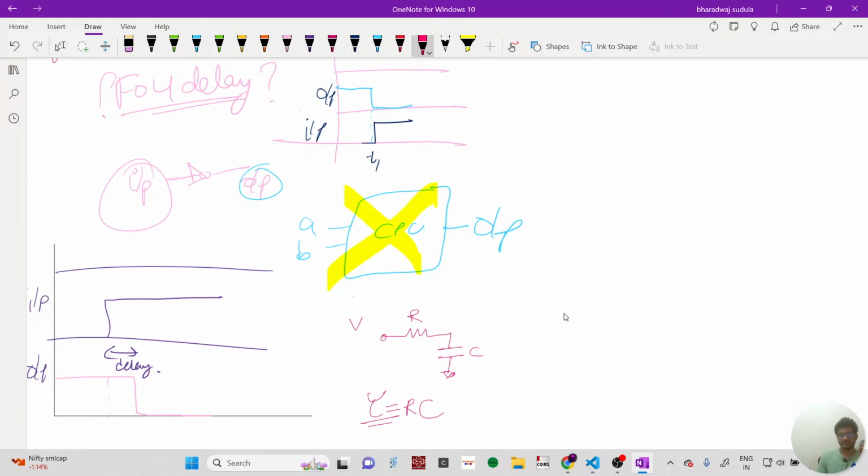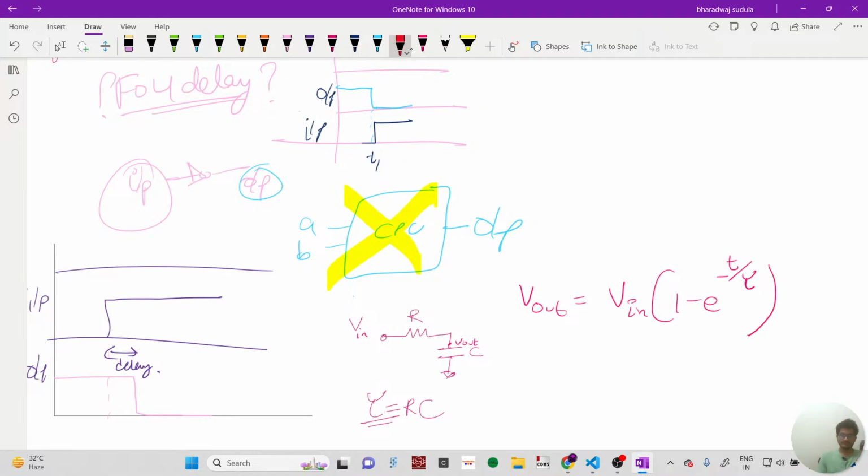If you don't know what a time constant is, if you derive the voltage expression for this capacitor, let's say this is V out, in terms of resistance and this input voltage V in, it is V in times 1 minus e power minus t by tau, where tau is the time constant.